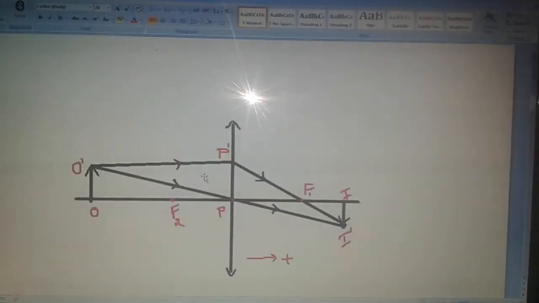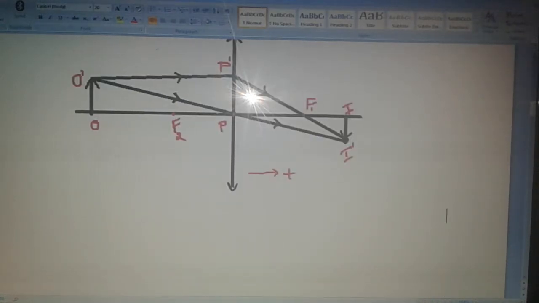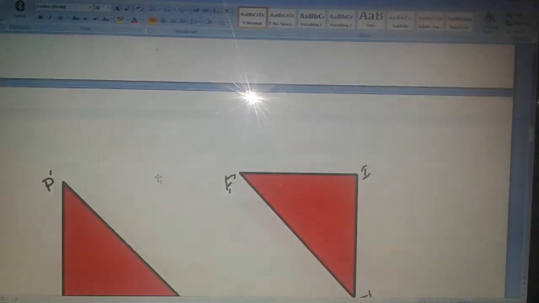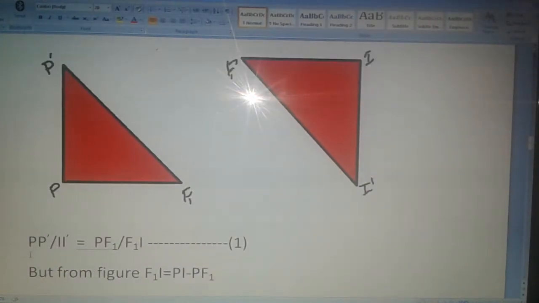Keeping this in mind, we can apply the same similarity for these two triangles. Then we will get P prime by I prime is equal to PF1 by F1I. This is equation 1.